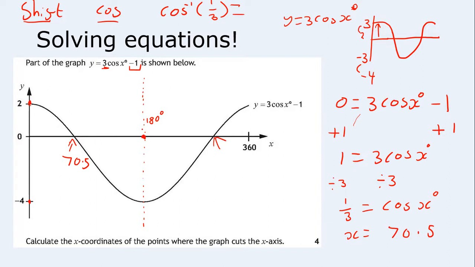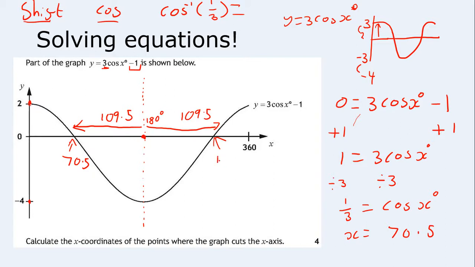So what we're going to do is use symmetry. We're going to ask ourselves, what is this distance? That's just a case of doing 180 take away 70.5, and that distance is 109.5. So it stands to reason that this point, because it's symmetrical, will also be 109.5 away.